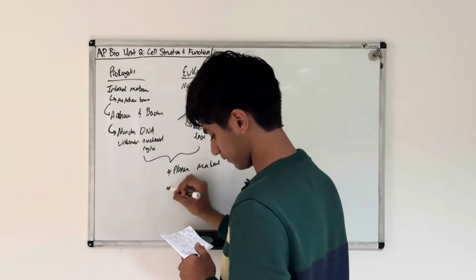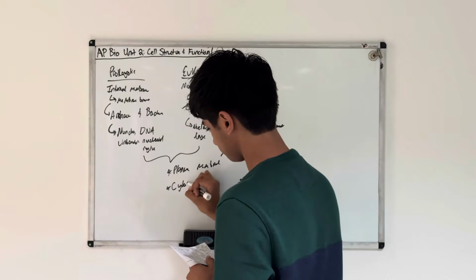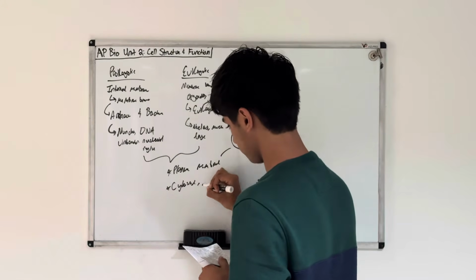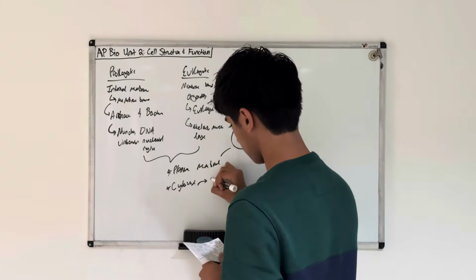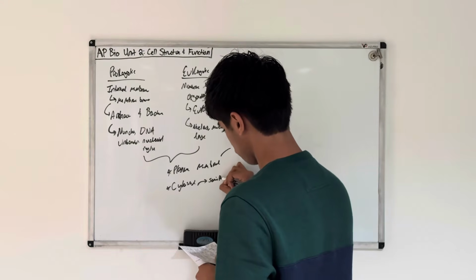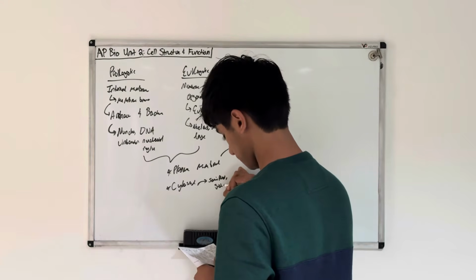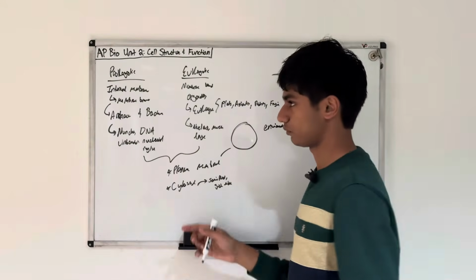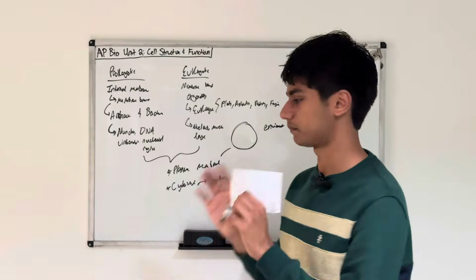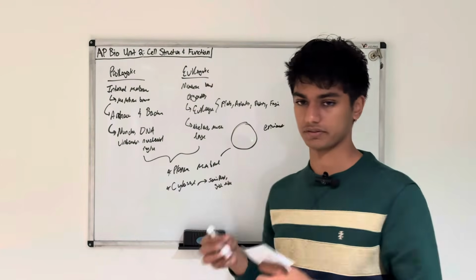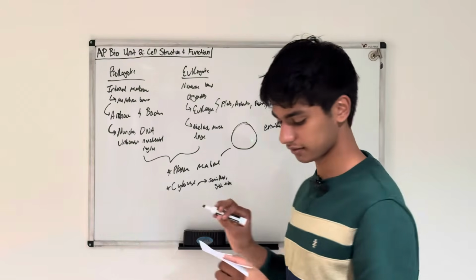You also have a cytosol, or cytoplasmic fluid. Basically, this is a semi-fluid, gel-like material, and it helps to hold all the materials inside the cell together. It's also the site of many metabolic reactions.